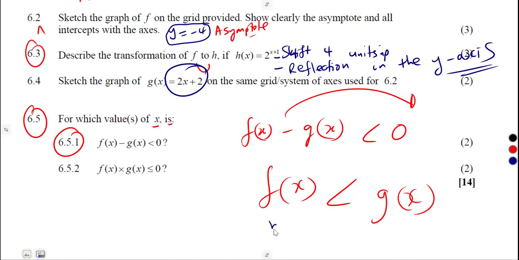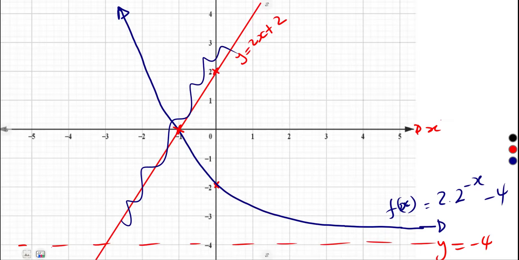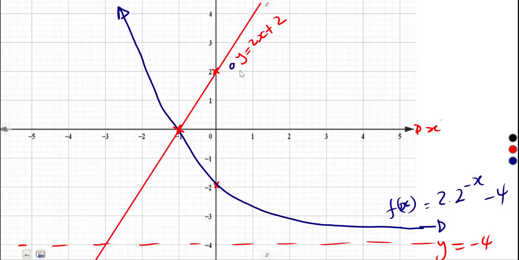Where is f of x below g of x? Where is the function f of x found below this one that we are given, our g of x? Remember, this is our g of x, y is equal to this. Where is it found below? f of x is less than g of x.